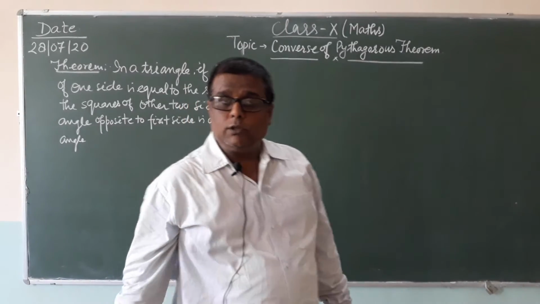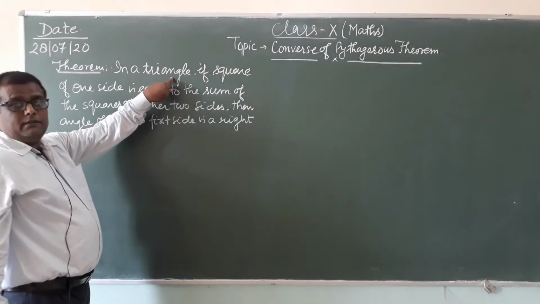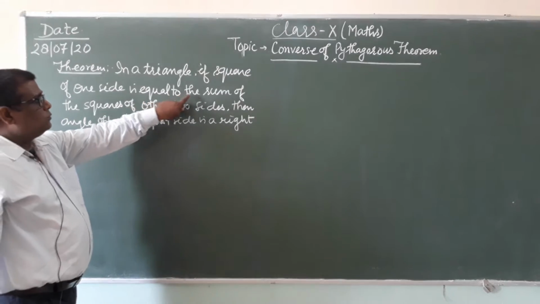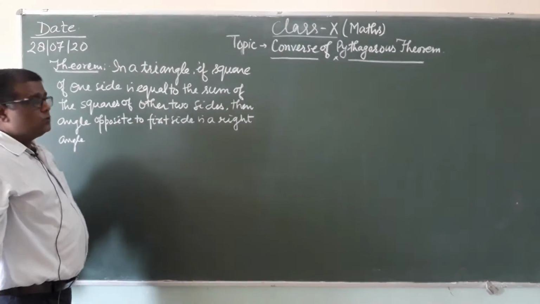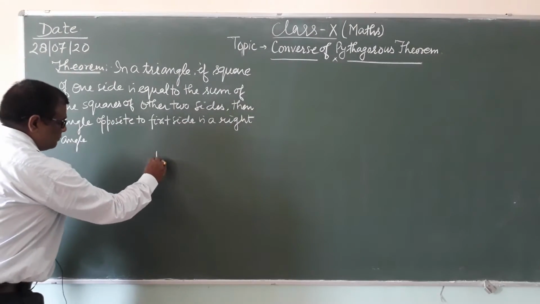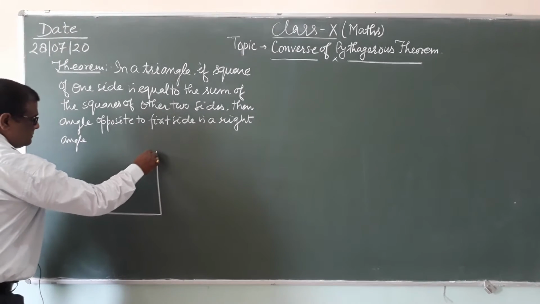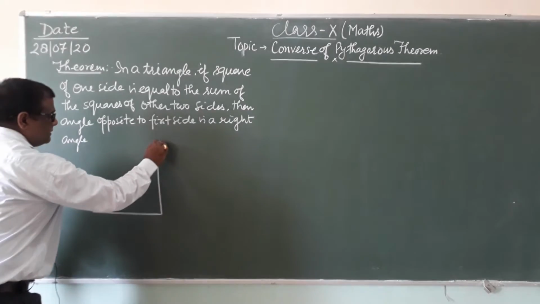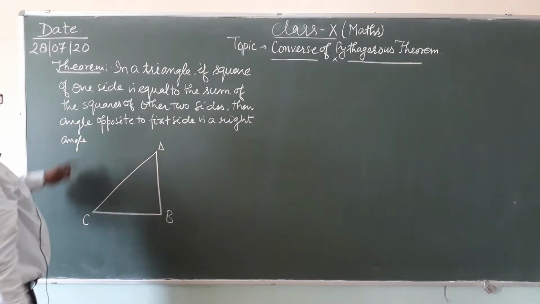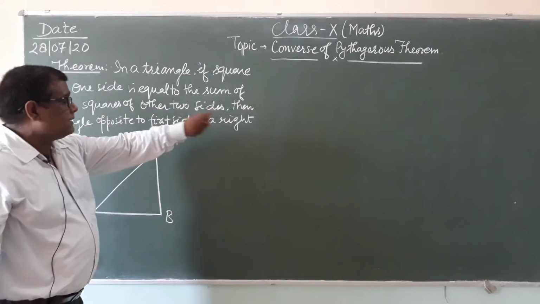First of all, what is the theorem? The theorem is: in a triangle, if the square of one side is equal to the sum of the squares of the other two sides, then the angle opposite to the first side is a right angle.